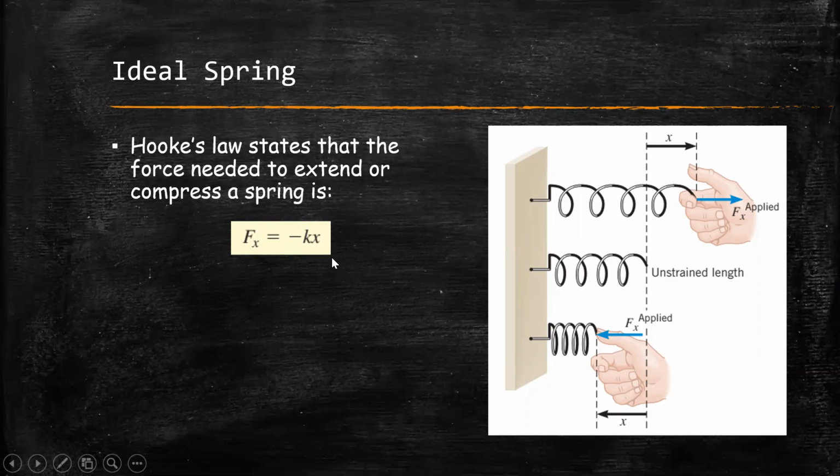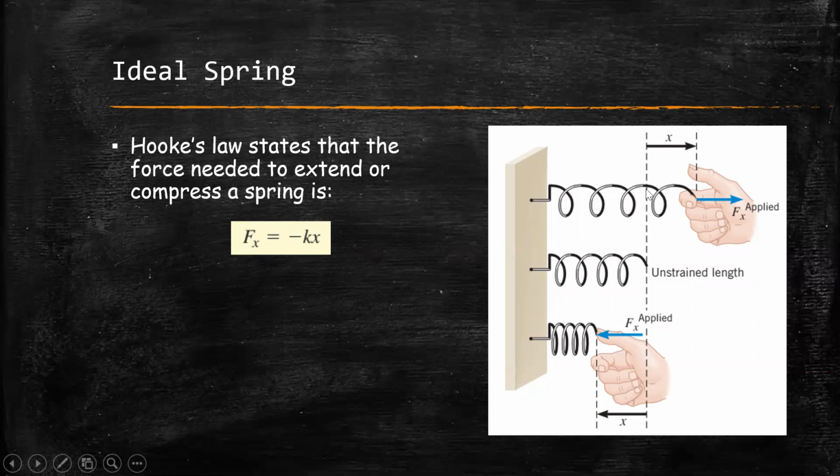The negative sign implies that the displacement and the force are always in opposite directions, where Fx, we know, is the restoring force.